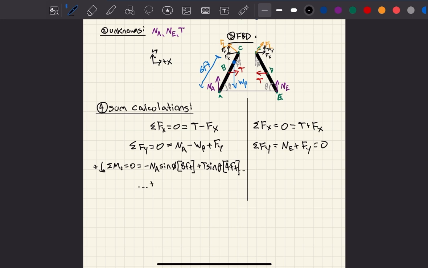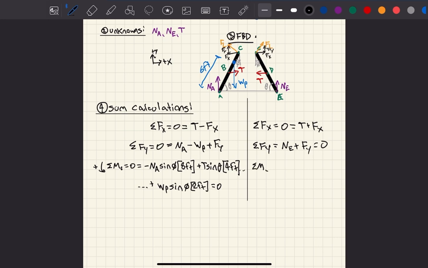And lastly, you have the WP force, and to find its component that will cause the moment, you take the sine phi, and then that is 2 feet away from point C, and that's equal to 0. Perfect.